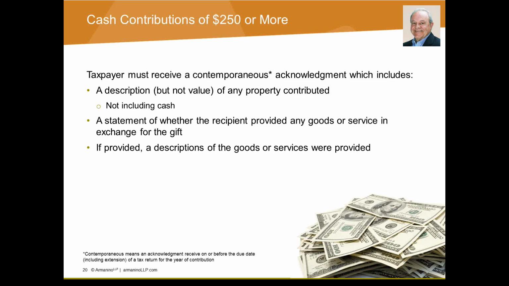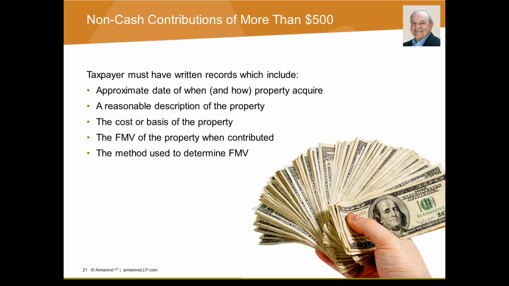Now, it may be worthwhile to just remember that we have rules where we have non-cash contributions of more than $500. The taxpayer needs records. So in dealing with your donor groups, you should be sensitive, I would think, to these rules: records that show how and when the donor originally acquired the property that was donated, a description of the property and its cost or basis to the donor, and a fair market value of the property when it was contributed, and how we determine fair market value.